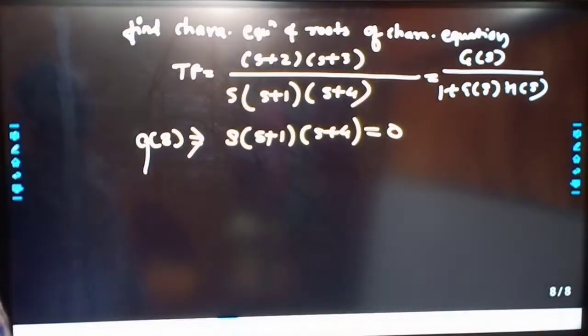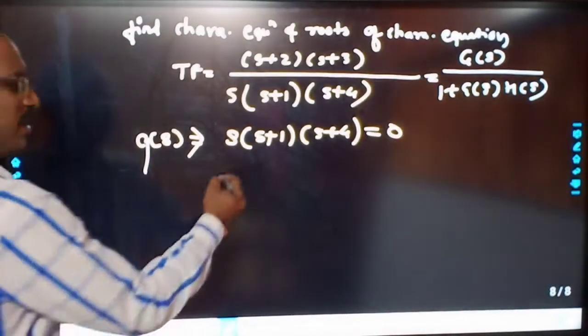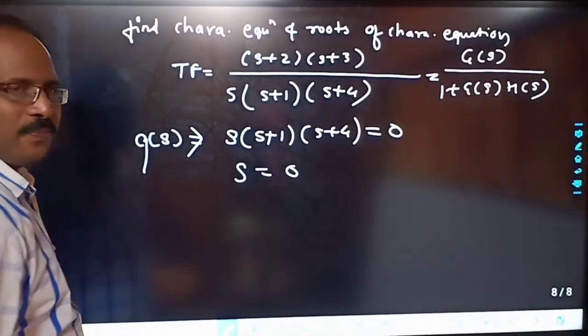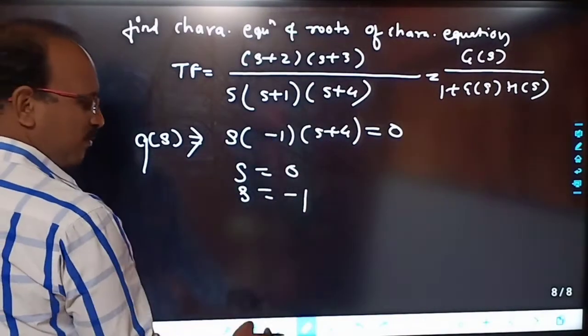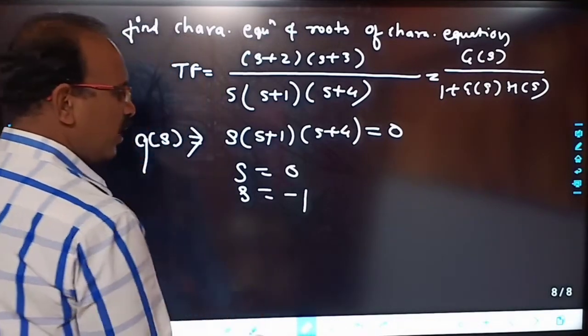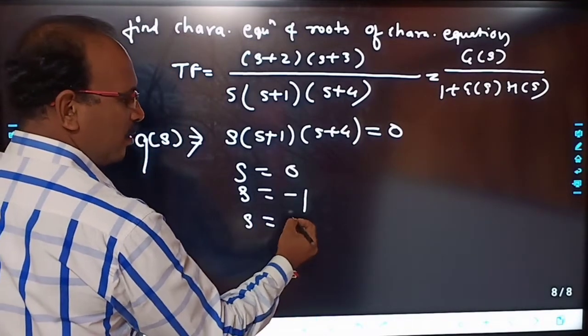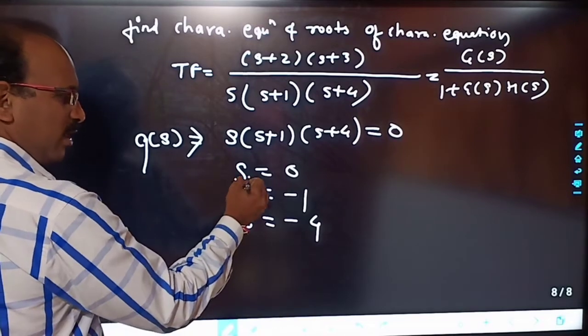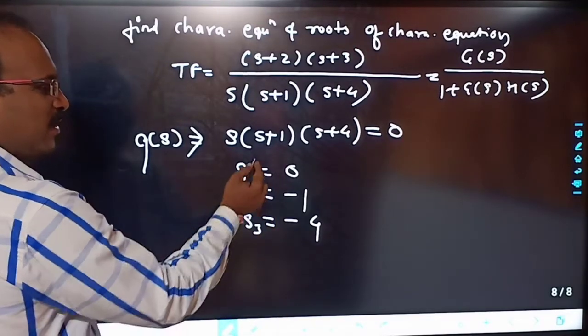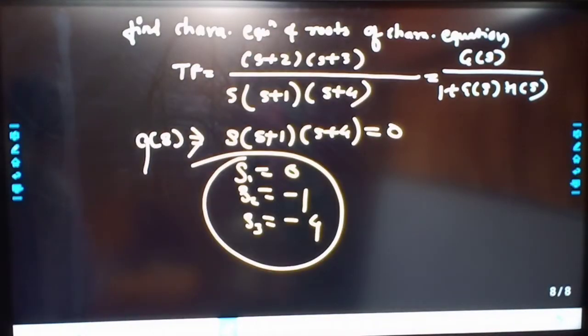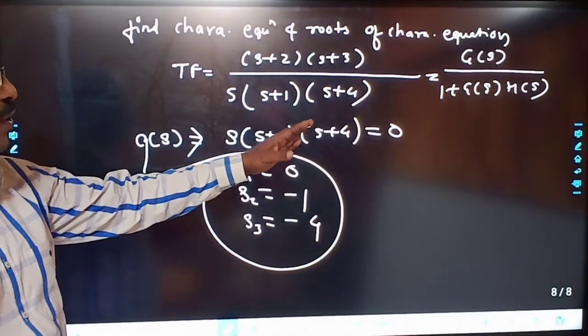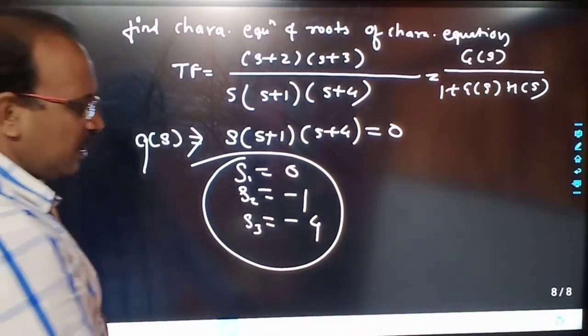So s equals 0, s equals minus 1, s equals minus 4. So this is s1, s2, s3. What does the characteristic equation give you? The poles of the system. So this is how to present the characteristic equation. Now suppose I say one more thing.